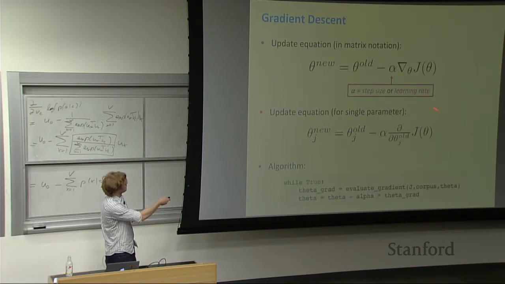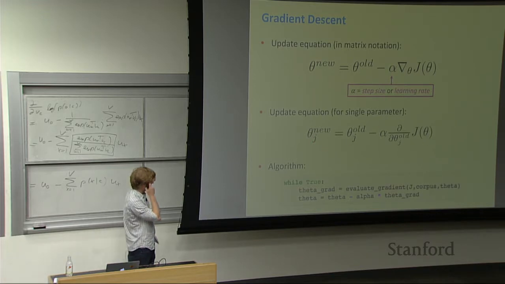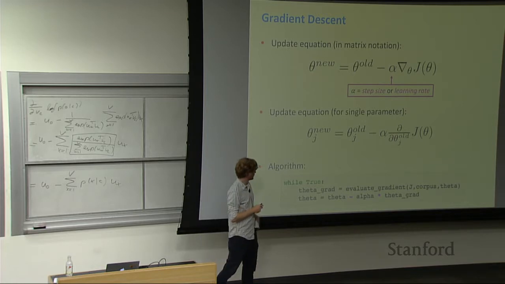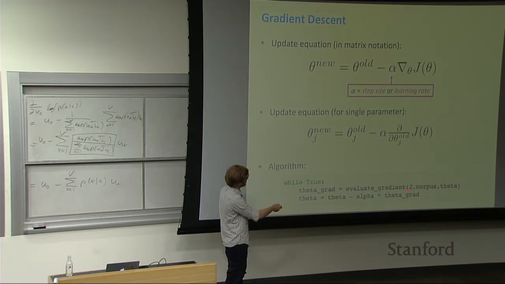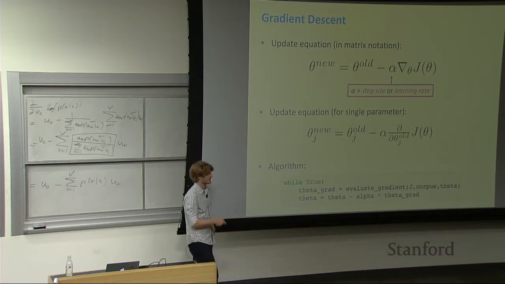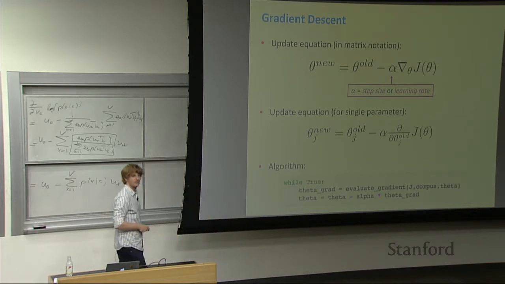And so our overall update equation for a single element of that vector is basically this. And if we were to write this in very simple Python code, this is literally 2 lines of code. We evaluate our gradients for a certain corpus with all our parameters and our objective function. And then once we have that gradient, we just do theta equals theta minus alpha, our step size, times that gradient. So this is just a large vector operation.